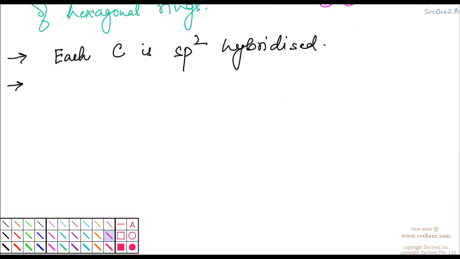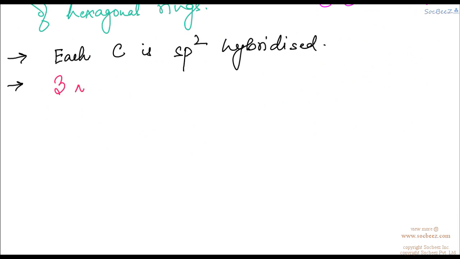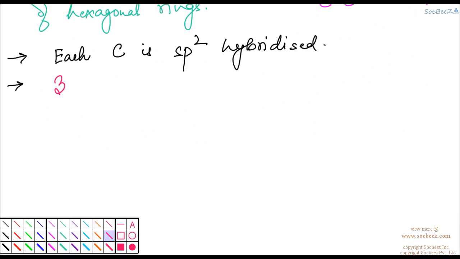Now by sp2 hybridization we mean that it has 3 sigma bonds. Okay, there are 3 sigma bonds, and the fourth electron is delocalized in the whole sheet.